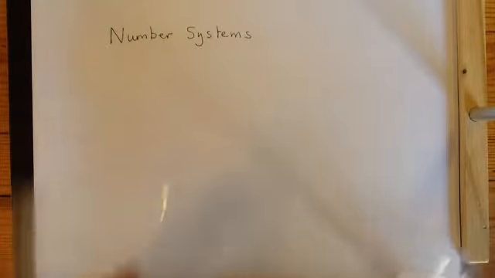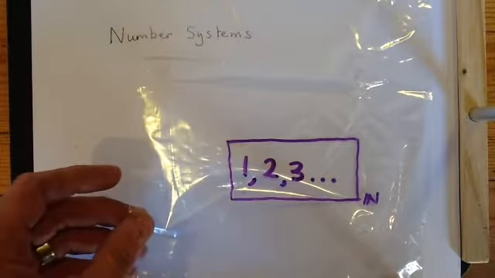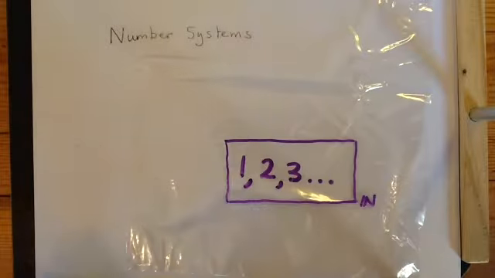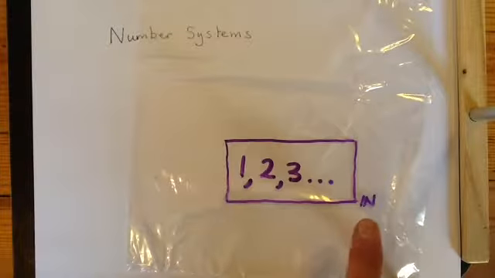I've written them on a plastic bag. I hope this works. So we have our natural numbers, and you'll see we've got our funky N sign for natural numbers.